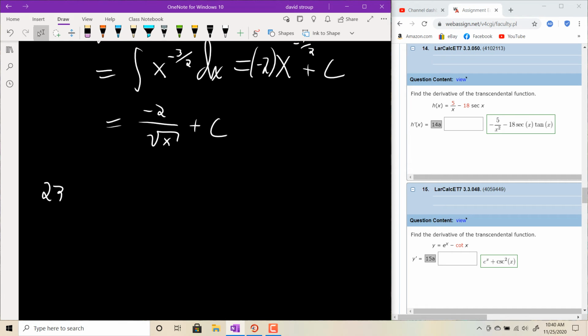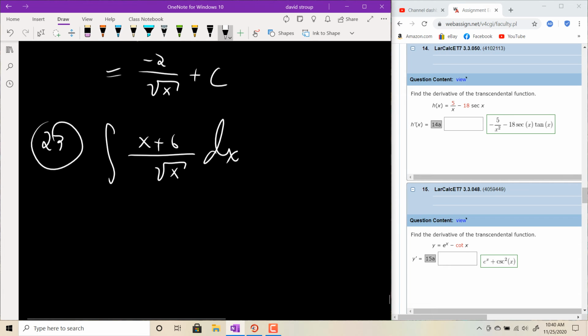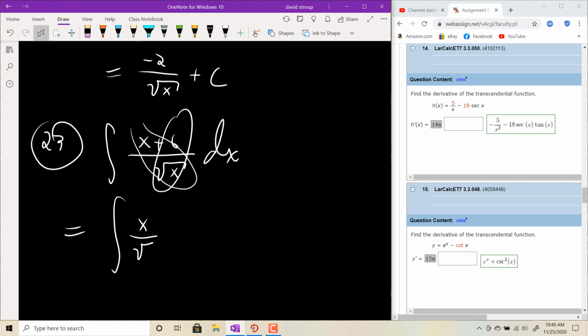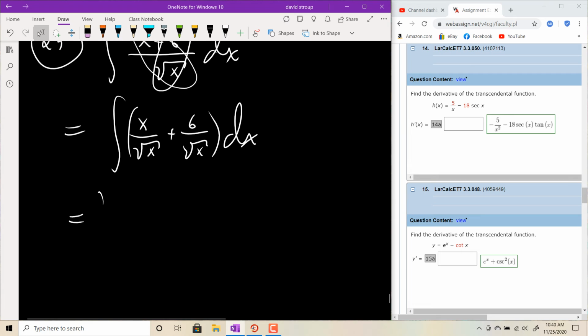Let's look at 23. I like these kind of problems. The integral of (x + 6) all over the square root of x dx. Okay, so you could split it into two fractions: x over square root of x plus 6 over square root x, dx. Simplify each and then use the power rule.